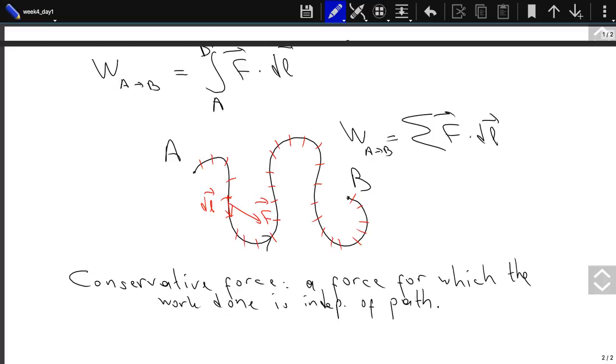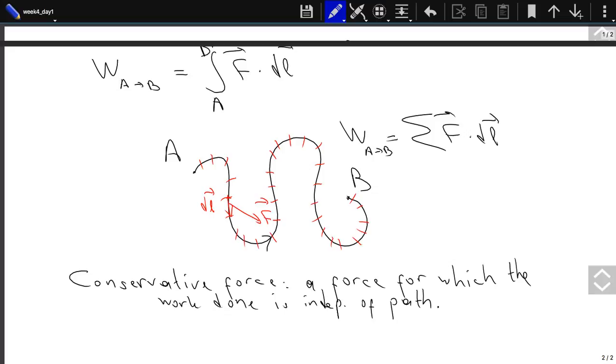One example is gravity. We had seen that gravity is a conservative force, or in fact, any constant force will be a conservative force, because let's take this book, I lift it upwards, the dL is in this direction, gravity is pointing downward, so the work done by gravity as I lift this book is negative.